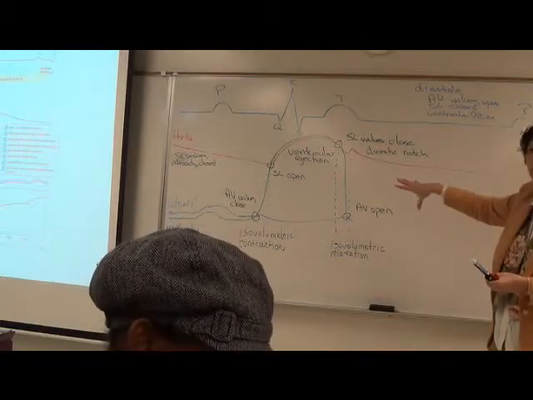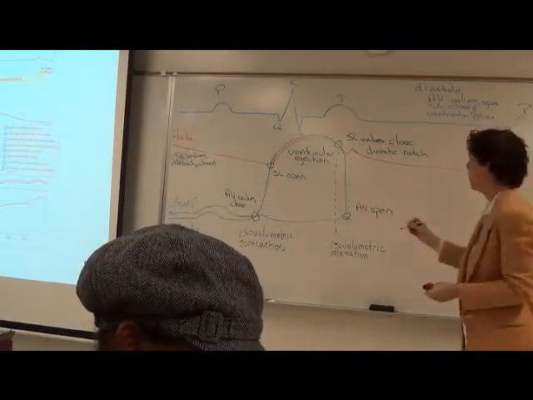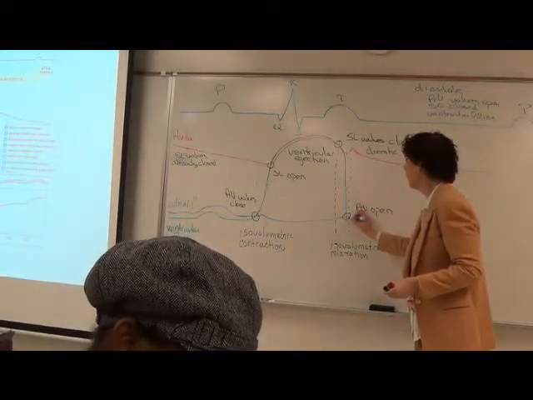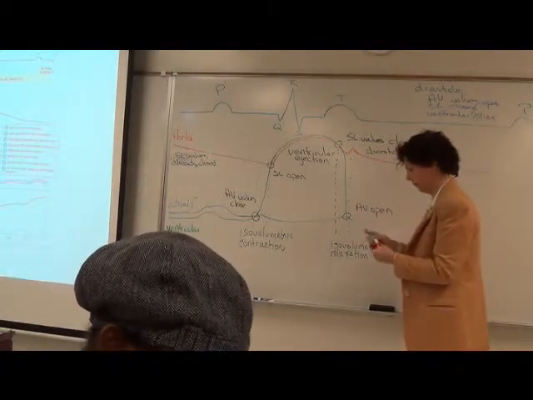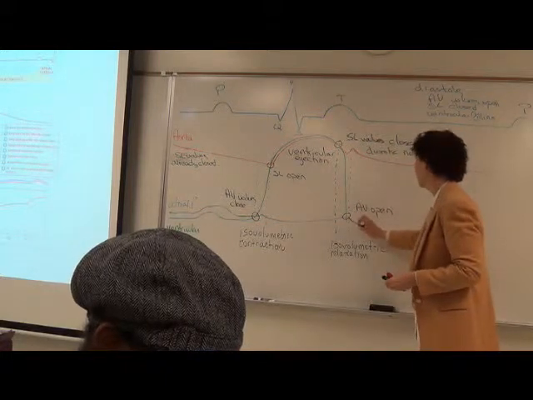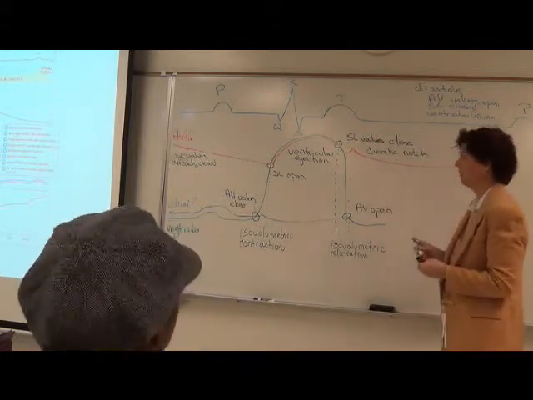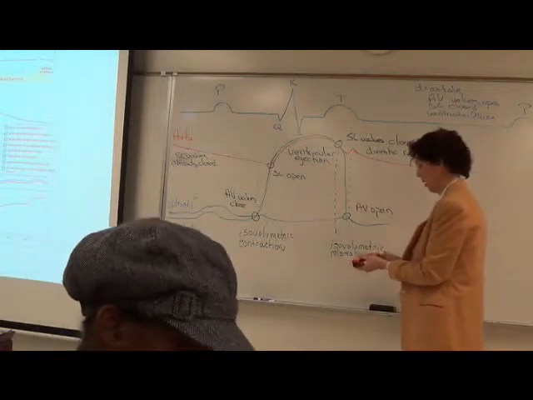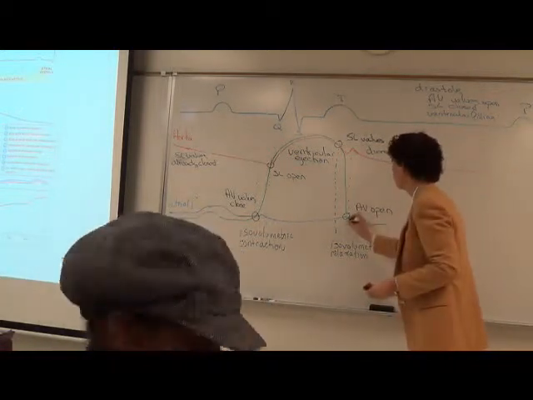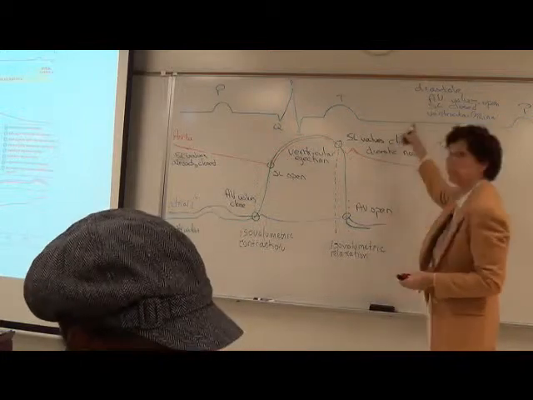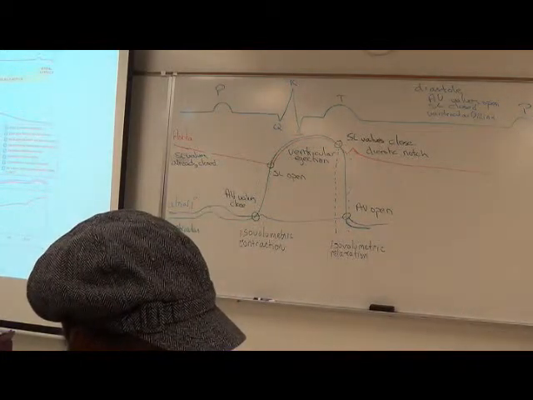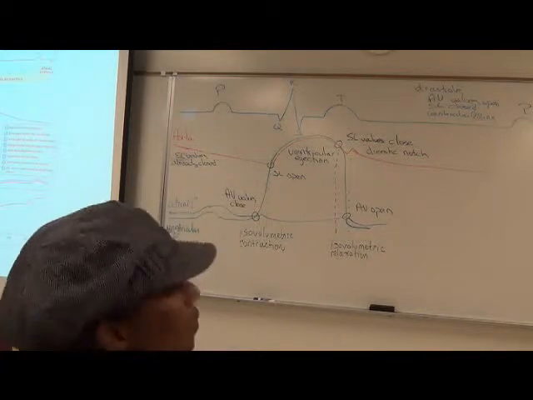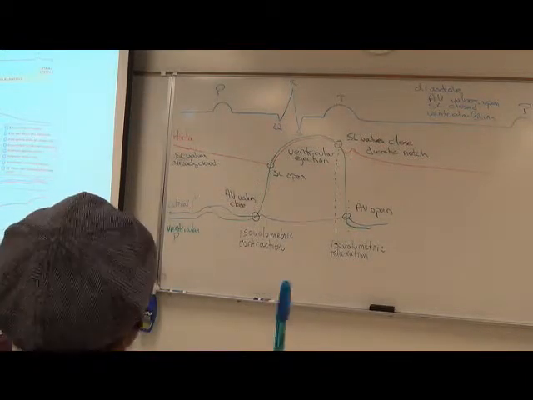There's a rapid drop, slight but rapid drop in atrial pressure as all the blood that's been building up in the atria flows into the ventricles. And then it starts to kind of level out again. And we repeat the whole process as we go through ventricular filling. And that's the cardiac cycle.